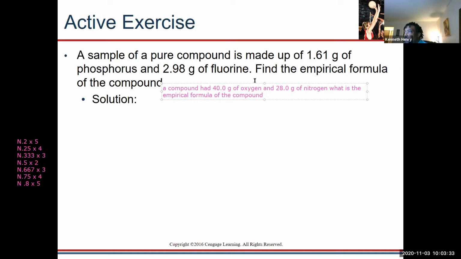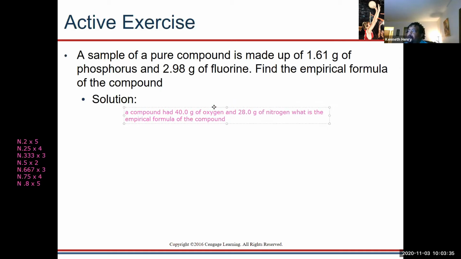Can you guys see that? The pink. The compound had 40.0 grams of oxygen and 28.0 grams of nitrogen. What is the empirical formula of the compound?